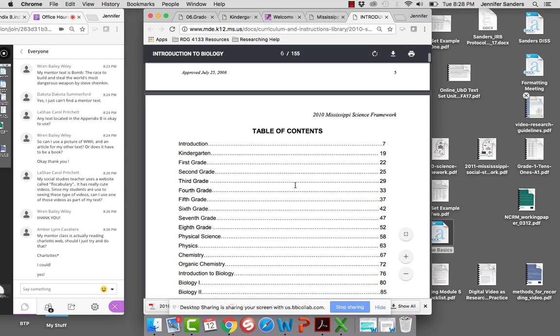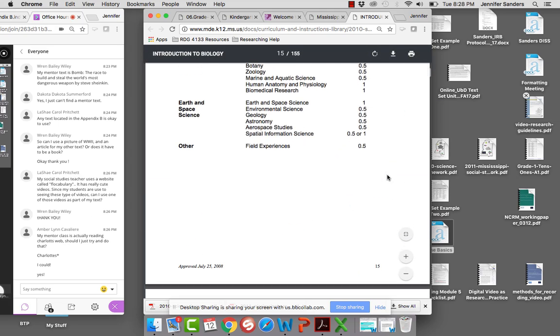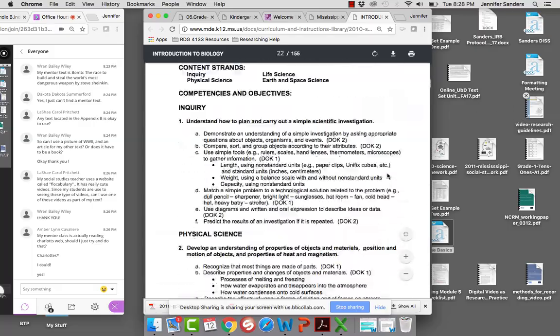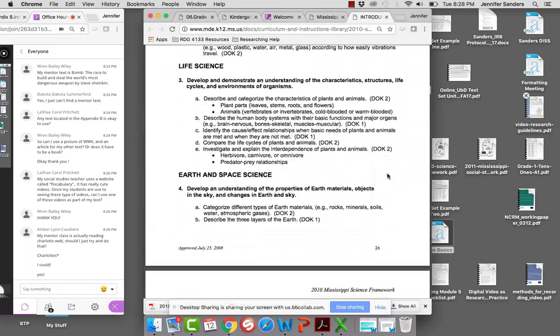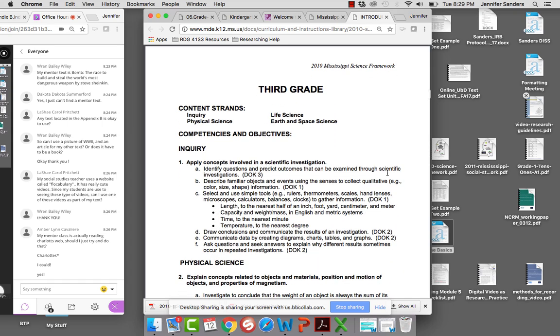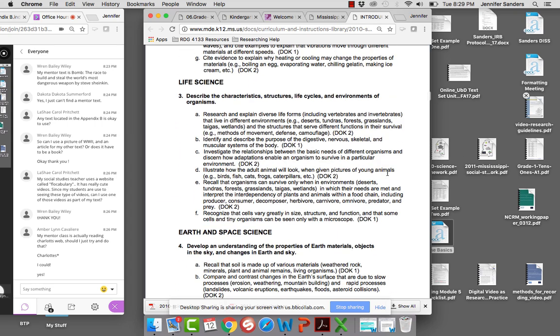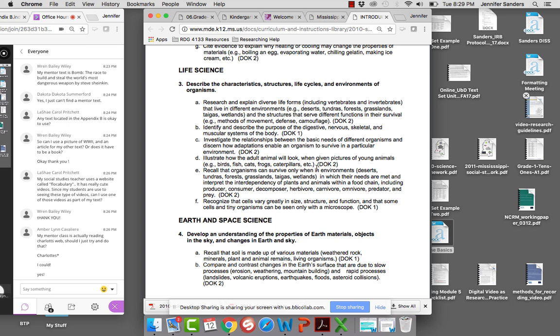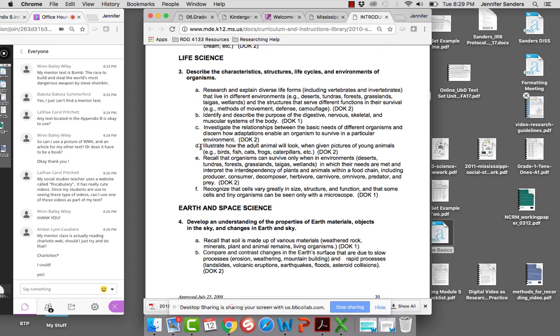Okay. So 3rd grade is 29. And that is going to be in life science. Okay, illustrate how the adult animal looks.